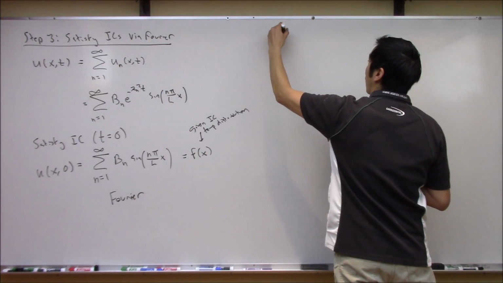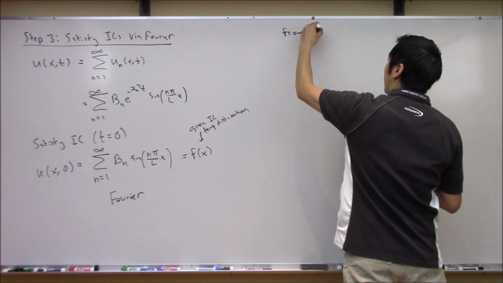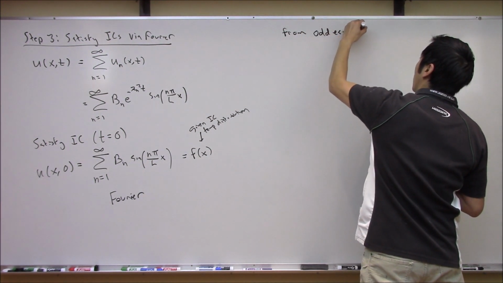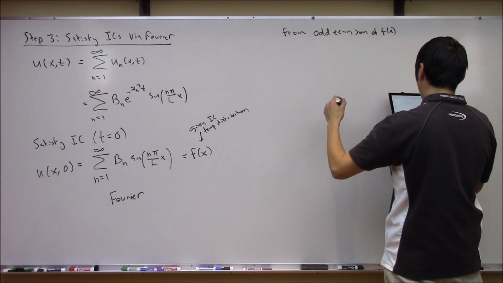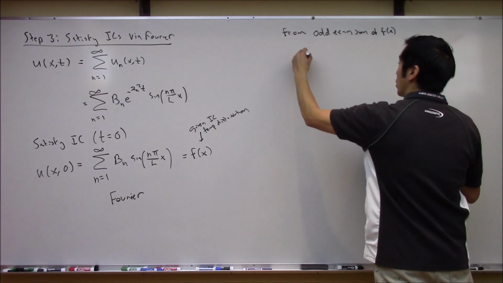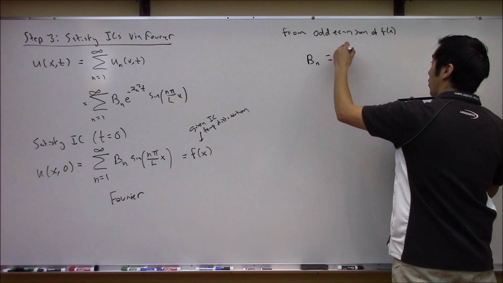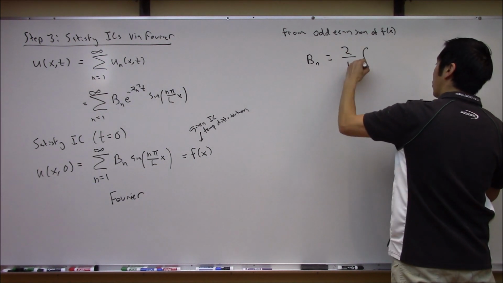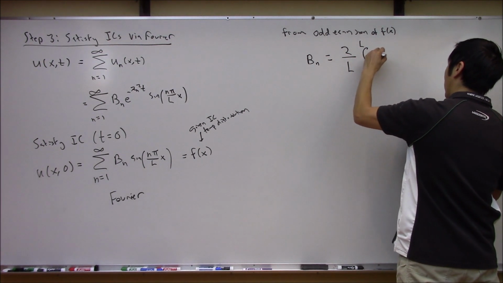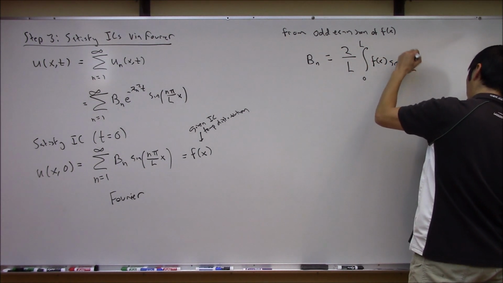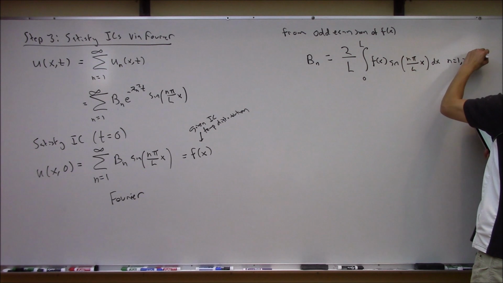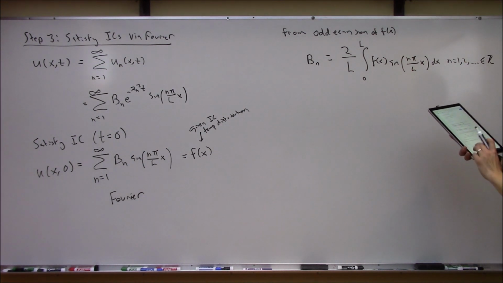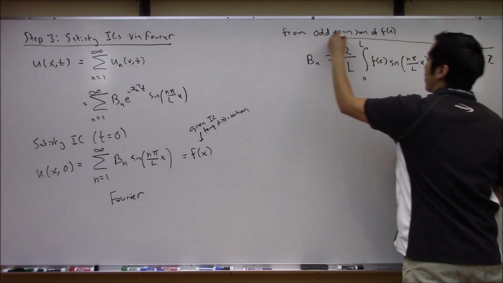From the odd expansion of f of x, we get that these b_n coefficients are directly given by the Fourier formula: 2 over L times the integral from 0 to L of f of x sine of n pi over L x dx, for n equal to the positive integers. Let's box this up, because this is what we are looking for.